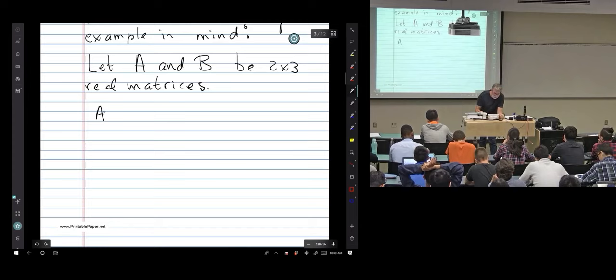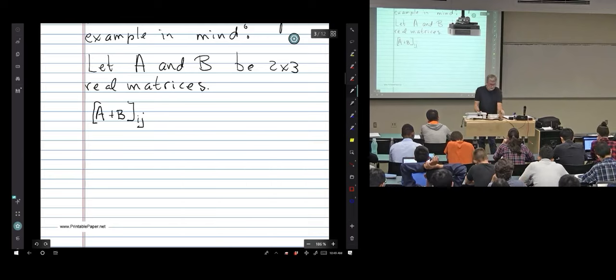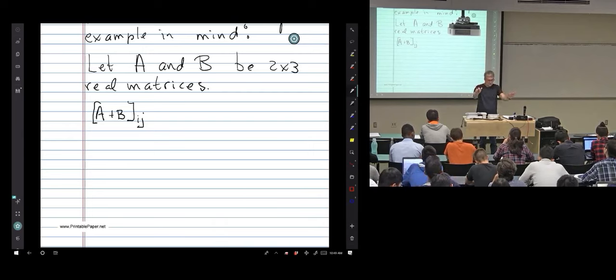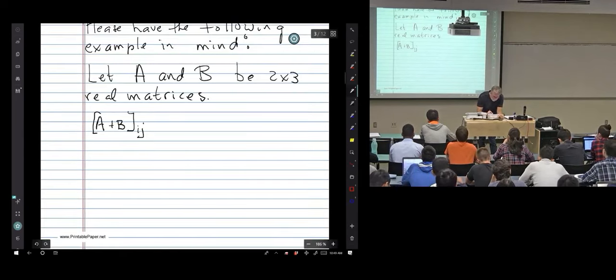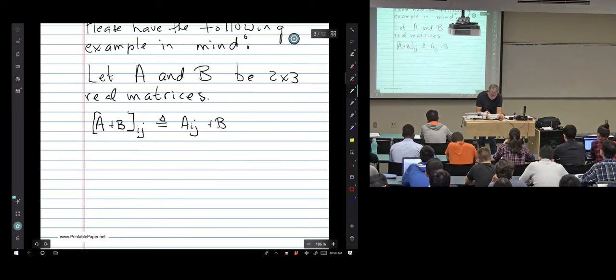How should we define the addition of these two matrices? Well, we want to define it such that if I look at the ij element, the ith row and the jth column, the same notation we're using in homework, that is equal to, by definition, aij plus bij, right?